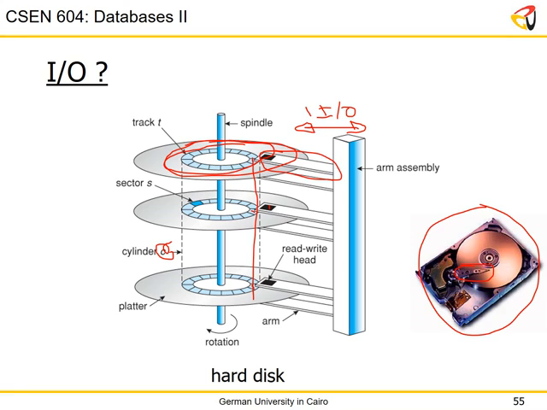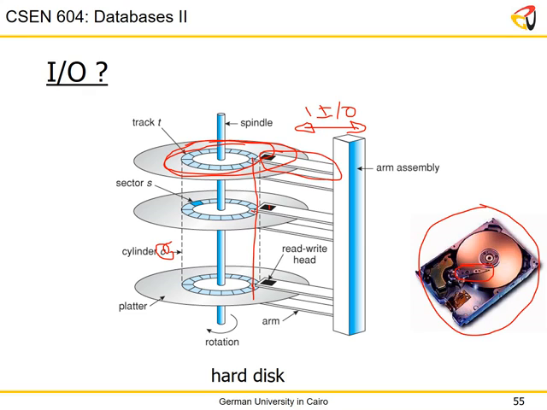The hard disk consists of platters, as probably you remember from your quiz, and the platter has two sides. The platter has tracks. They are divided into sectors, and this head that is labeled in black reads from a sector.